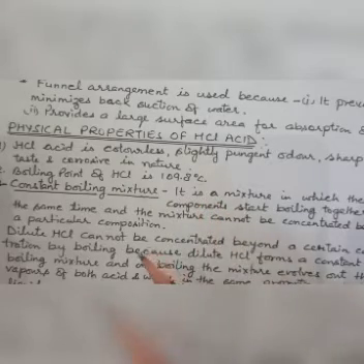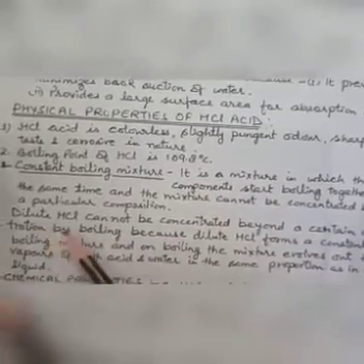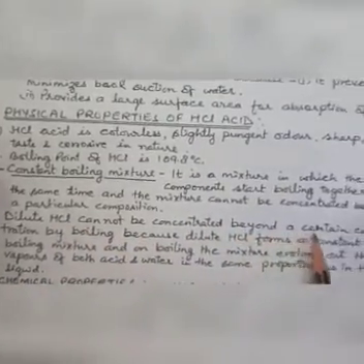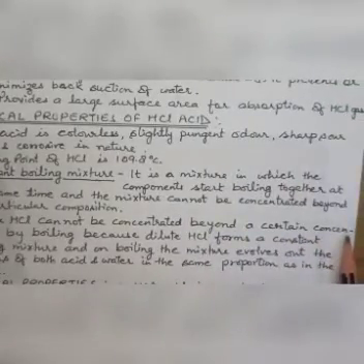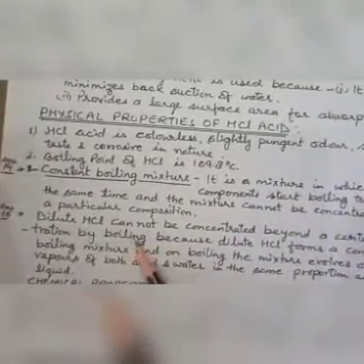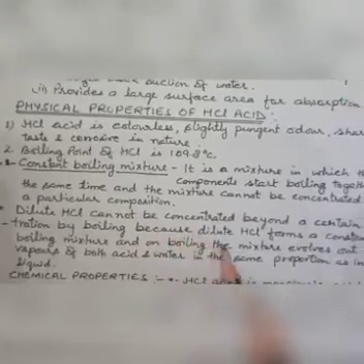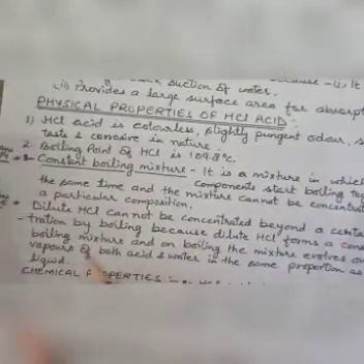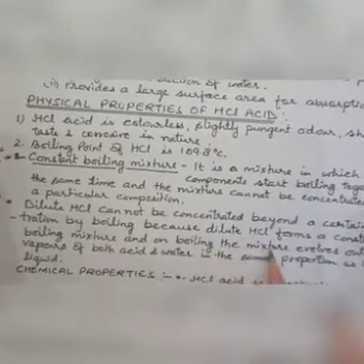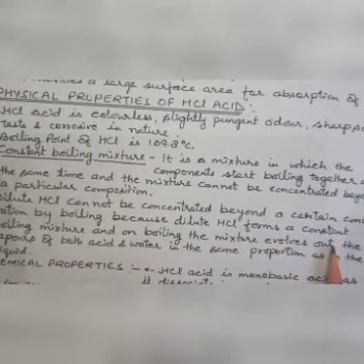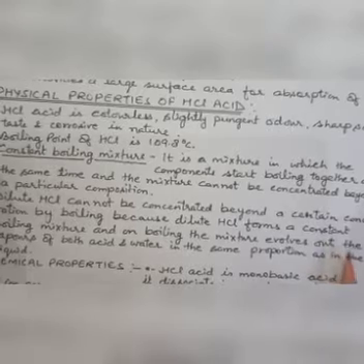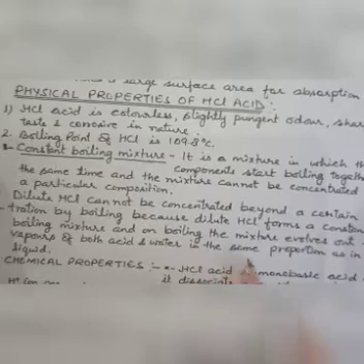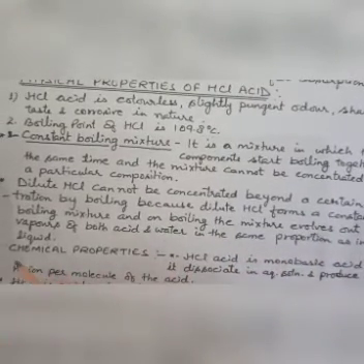Constant boiling mixture. Now the next question is, why can dilute hydrochloric acid not be concentrated beyond a certain concentration by boiling? Because dilute hydrochloric acid forms a constant boiling mixture, and on boiling the mixture evolves or vaporizes the vapors of both acid and water in the same proportion as in the liquid.